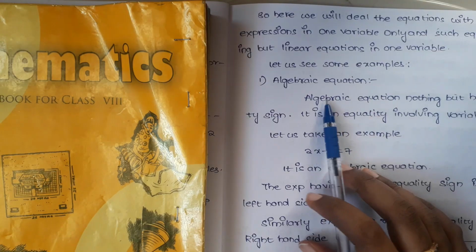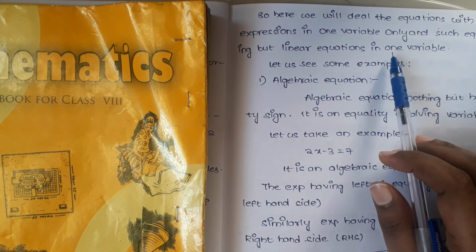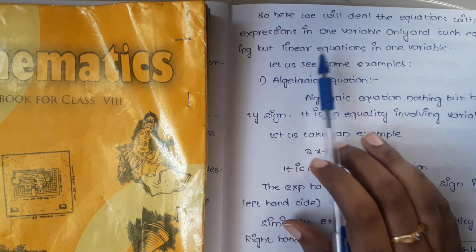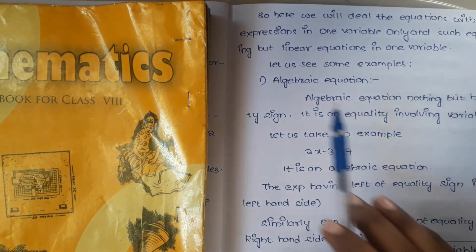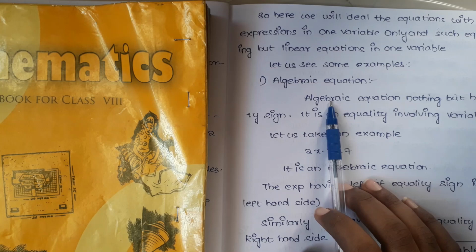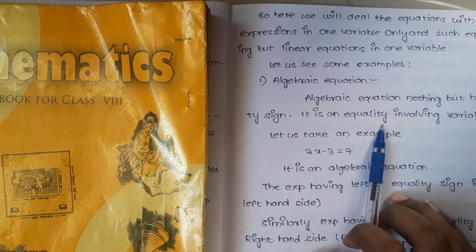In this chapter, we will deal with equations with linear expressions in only one variable. And such equations are nothing but linear equations in one variable. Let us see some examples of an algebraic equation. An algebraic equation has the equality sign. It is an equality involving a variable.